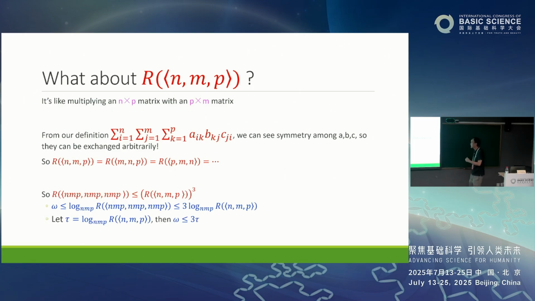So if we use tau to represent this, then tau is a bound on omega. Let's say omega is less than or equal to 3 times tau.